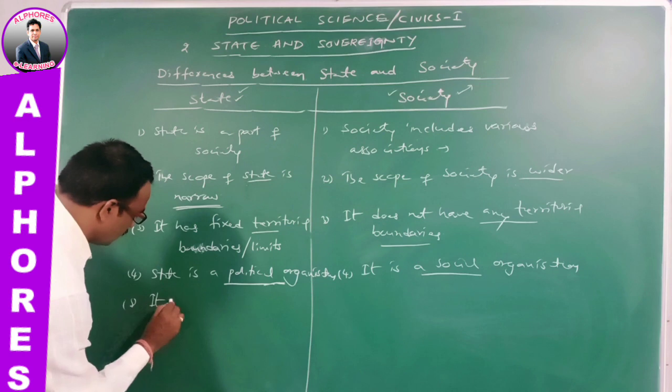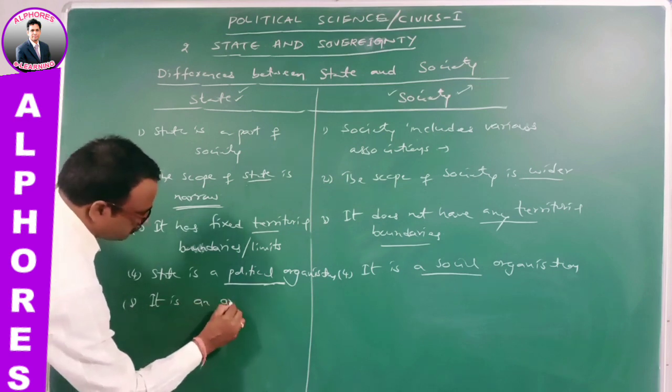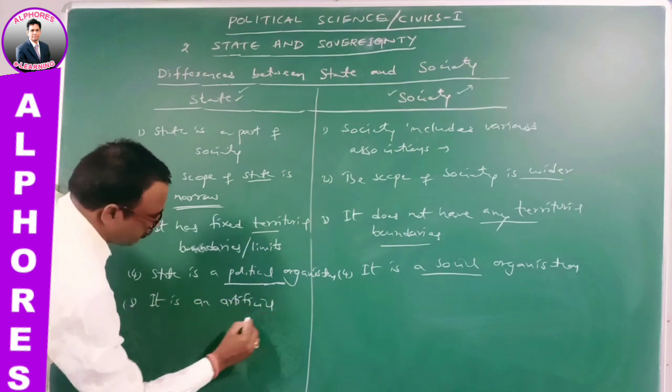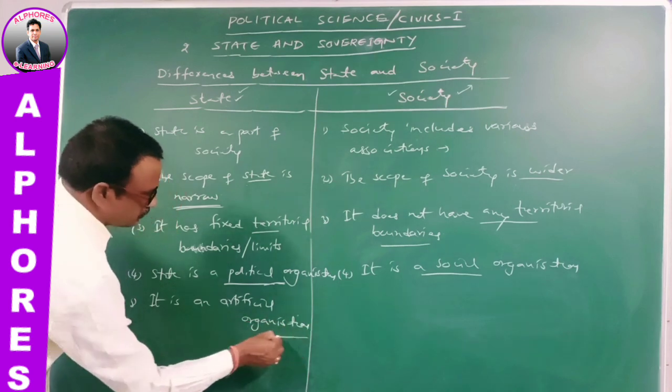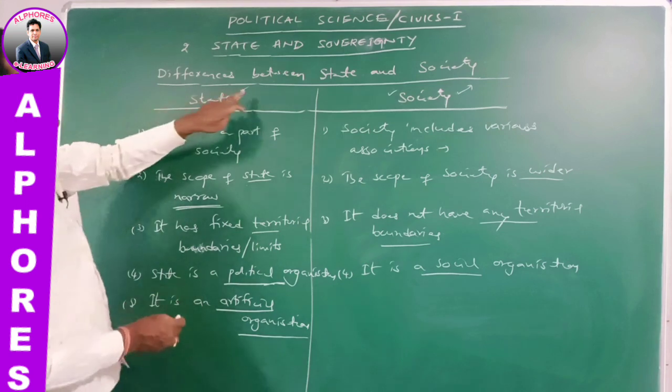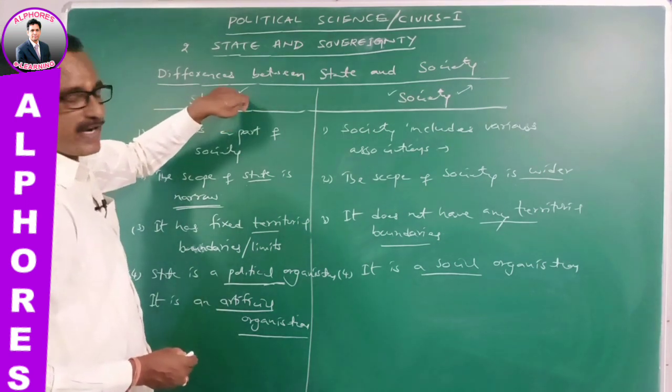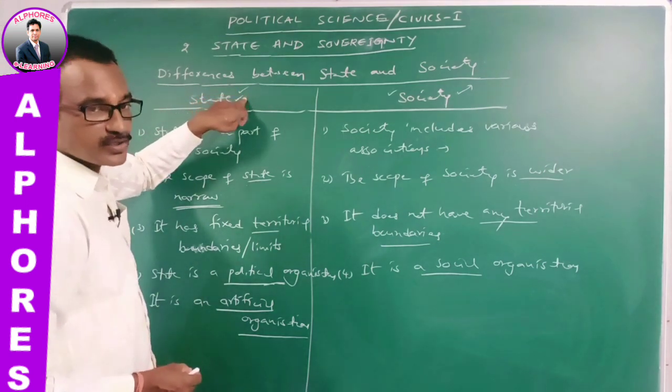Artificial organization means it is formed by the individuals, hence it is also called a man-made institution.